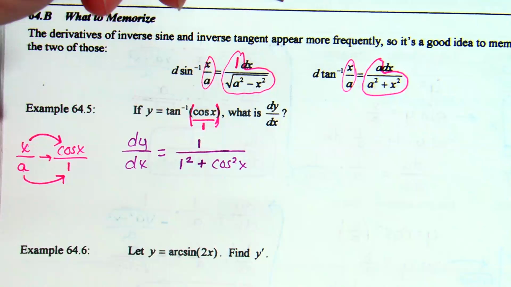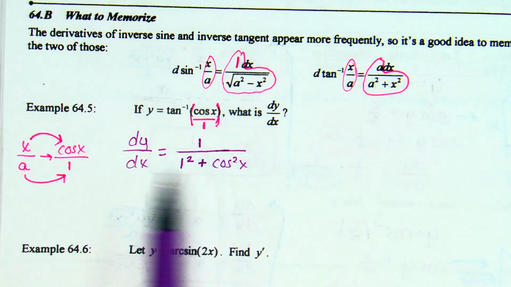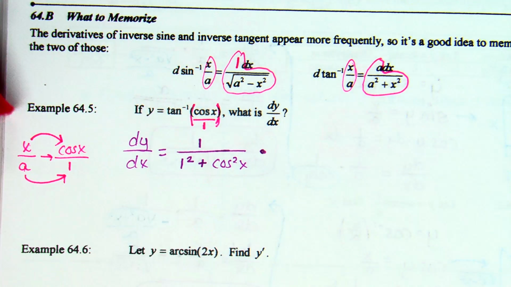Now, when we do the derivative of tangent inverse of something, that's a over a squared plus x squared, and then what do we have to still consider? Chain rule. Derivative of the inside. What was in position of x? In position of x was cosine. So you now have to do the derivative of cosine x.